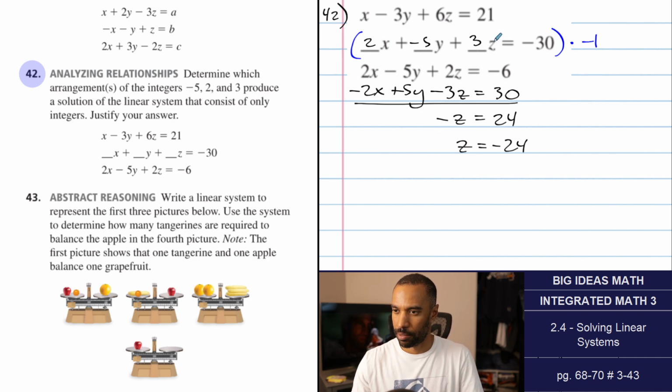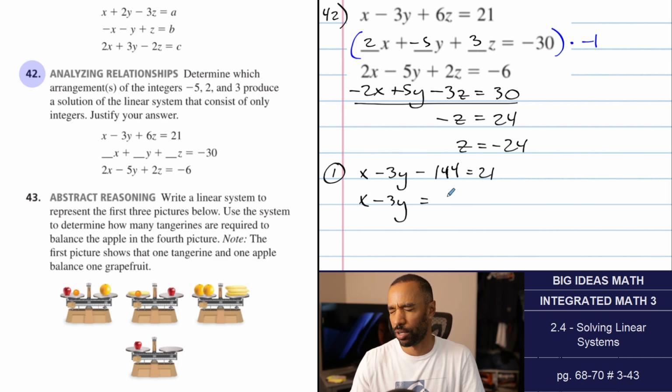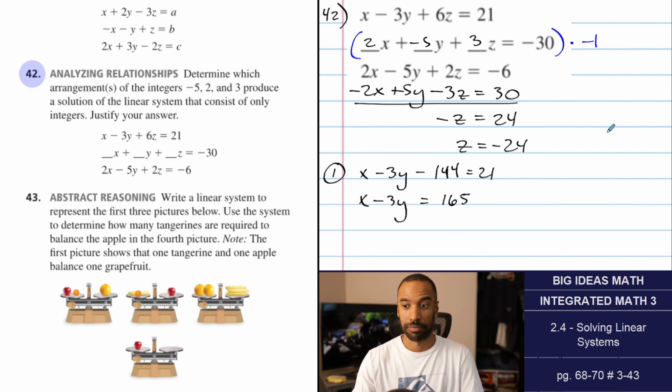Let's take the first equation and substitute. 6 times -24 is -144. And then x minus 3y equals, add 144, you get 165. It's big.